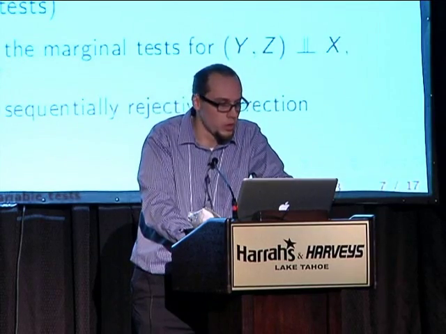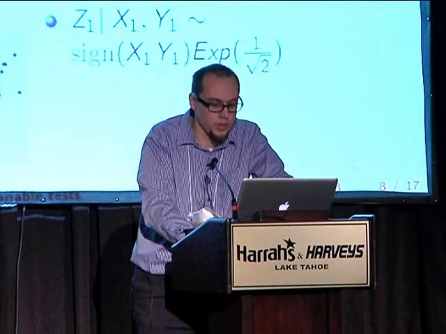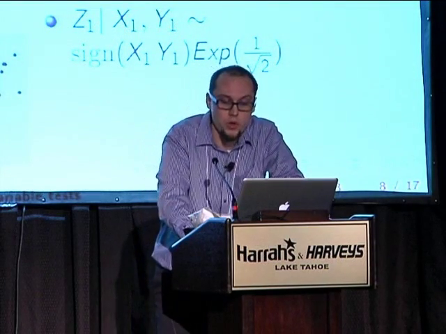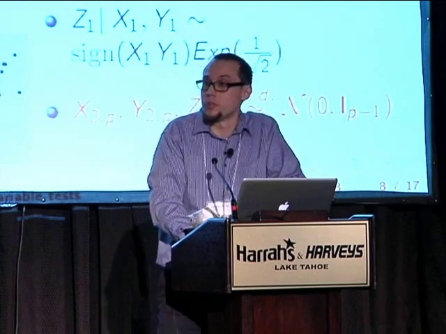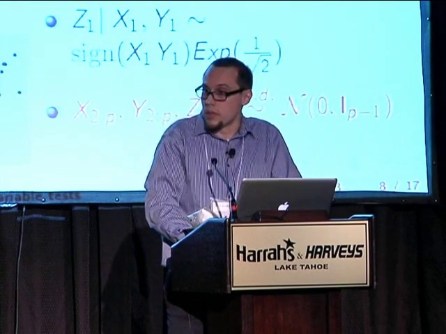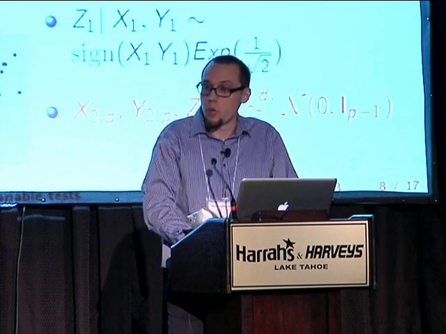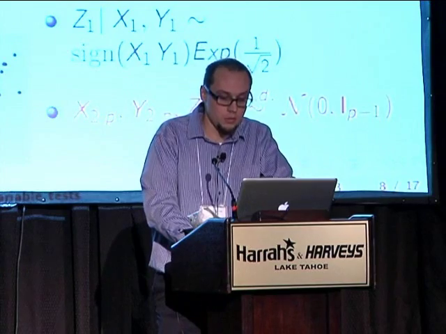And so let's just do that on our standard problem, where we have pairwise independence and joint dependence. To make the problem more interesting, we're going to append a bunch of dimensions of noise here. So we just have p-1 independent dimensions, so there is dependence that is only joint but not pairwise in the single dimension.